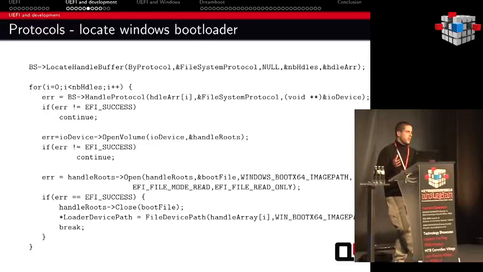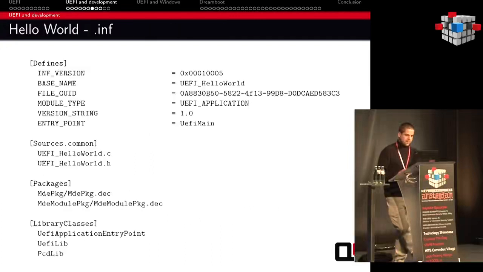So in this case, we try to check where the Windows bootloader is located. In this case, you can't use a command path to reference a file. You have to use the UEFI PCI abstraction to detect files on disk.